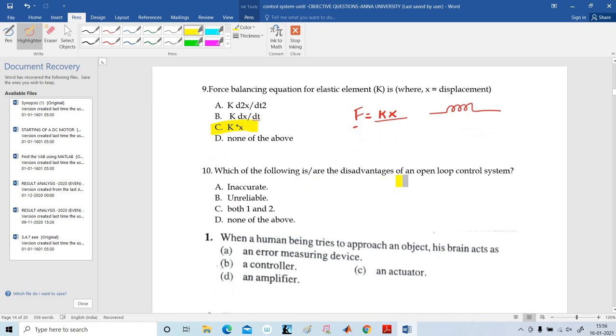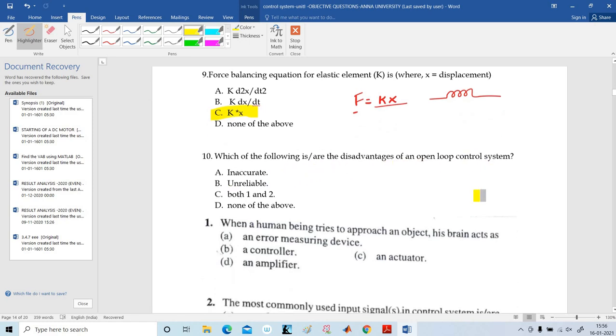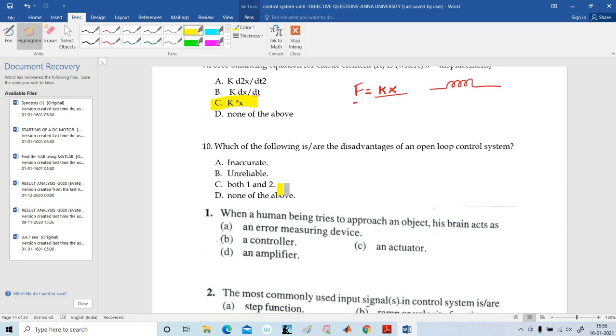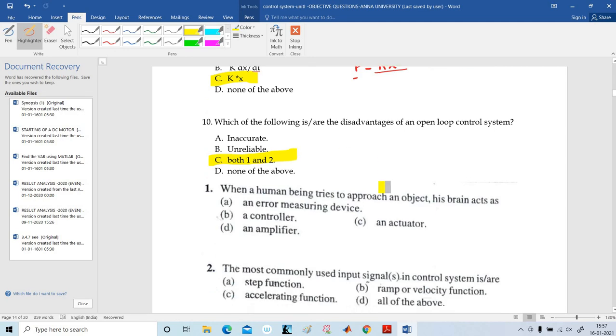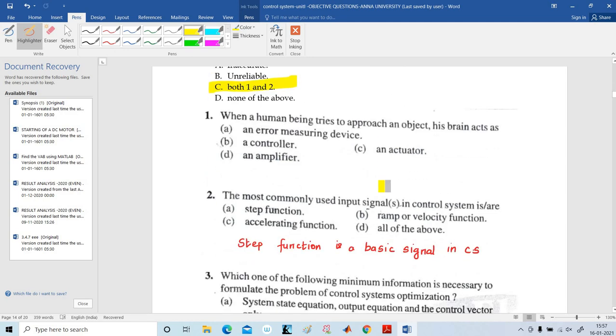Which of the following is our disadvantages of closed loop system? Disadvantages: inaccurate, unreliable. The answer is both 1 and 2. Next question. When a human being tries to approach an object, his brain acts as a controller.